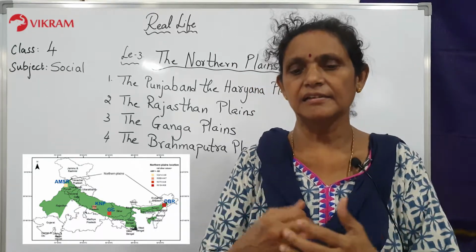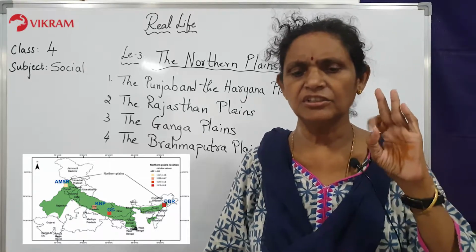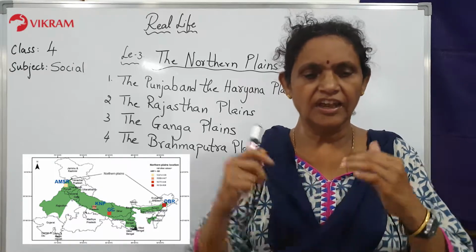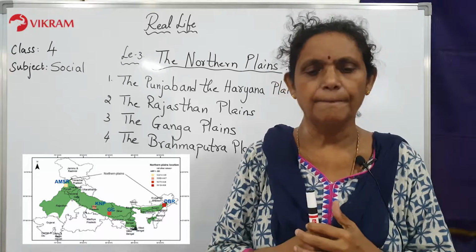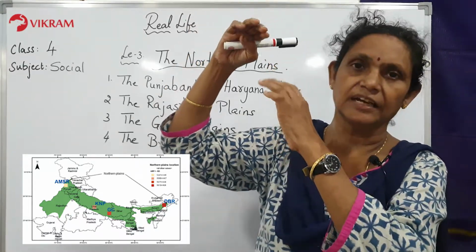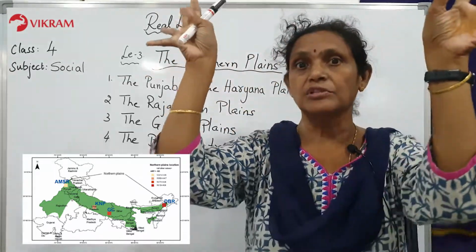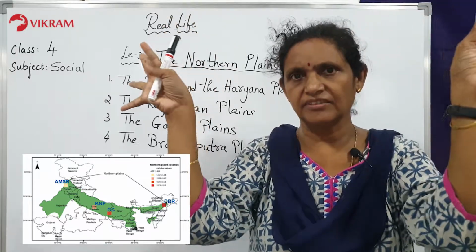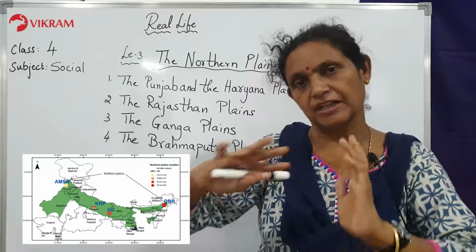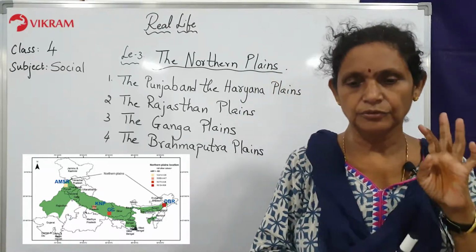Now let us learn about the rivers. So how many rivers are there here? At least 3 or 4. An important feature of the northern plains is that they have inflows of perennial rivers. That means some of the rivers begin in the mountain area, from rainwater, ice melting and everything, and they start coming from there. From the Himachal area, they spread downward. So the rivers are 4.